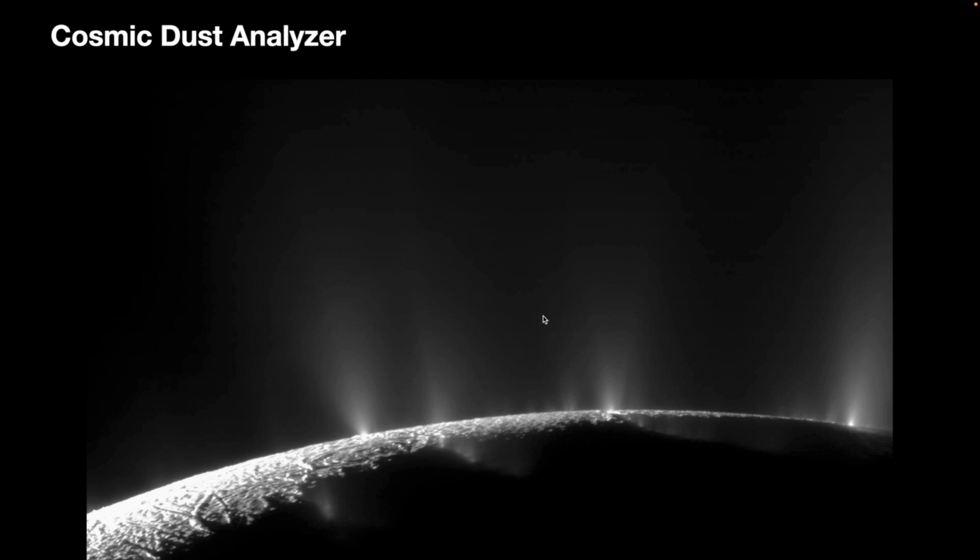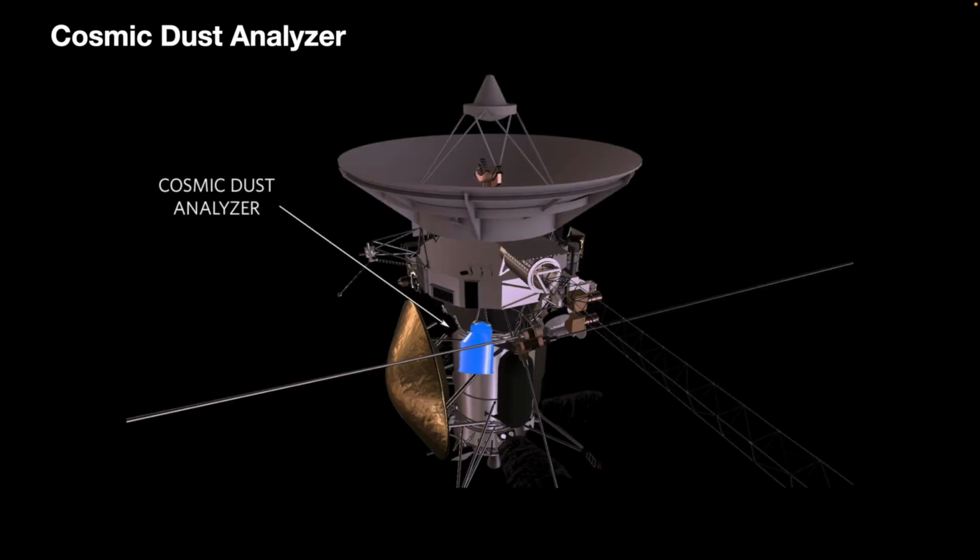So it was determining the composition of the particles, so that the CDA team was able to, for example, determine that below the ice surface of Enceladus there has to be a liquid ocean. And I think this is a paper published in Nature or Science several years ago.